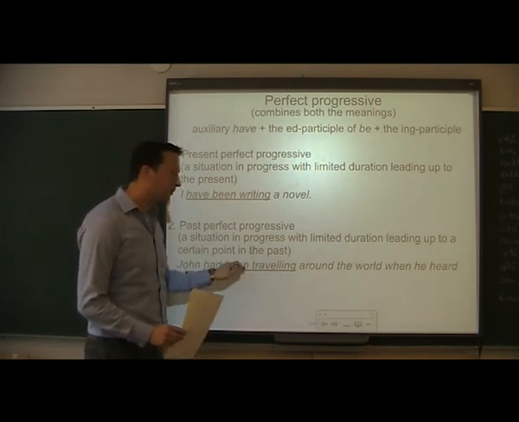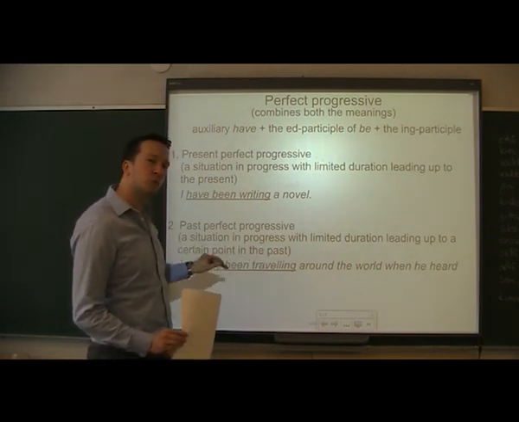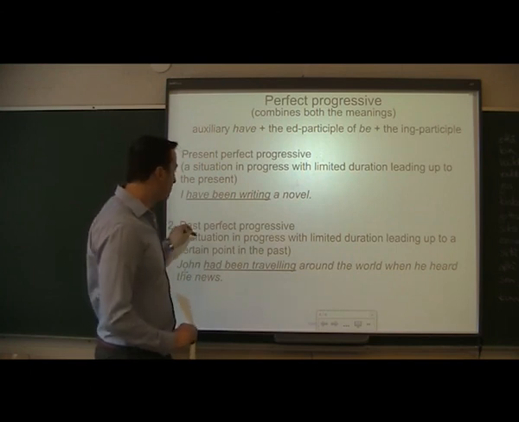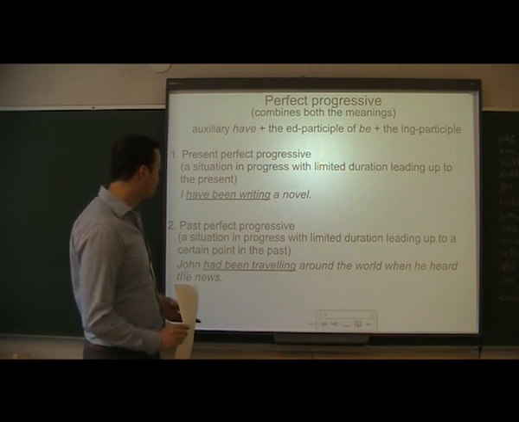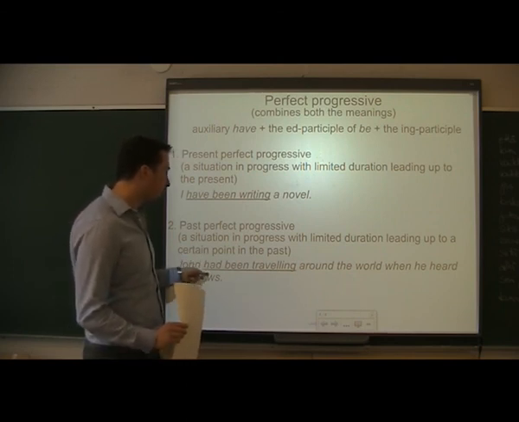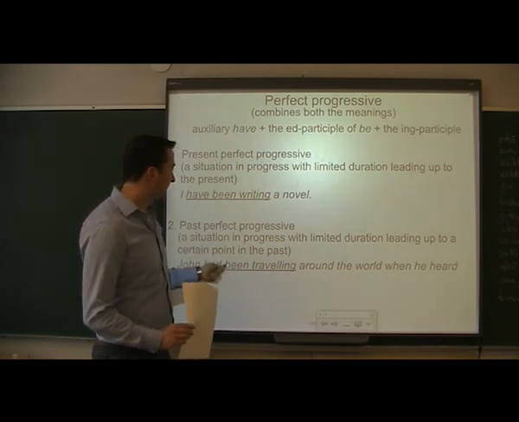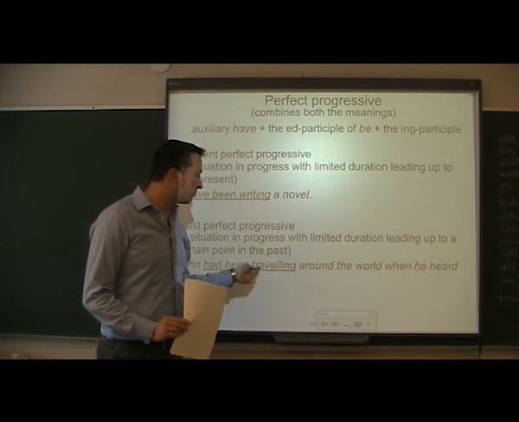Here, traveling continued up to the point when he heard the news. And now they're both in the past, and there we have a past perfect progressive formed with the past tense of the auxiliary have, and then the -ed participle of the auxiliary be, and the -ing participle of the main verb.